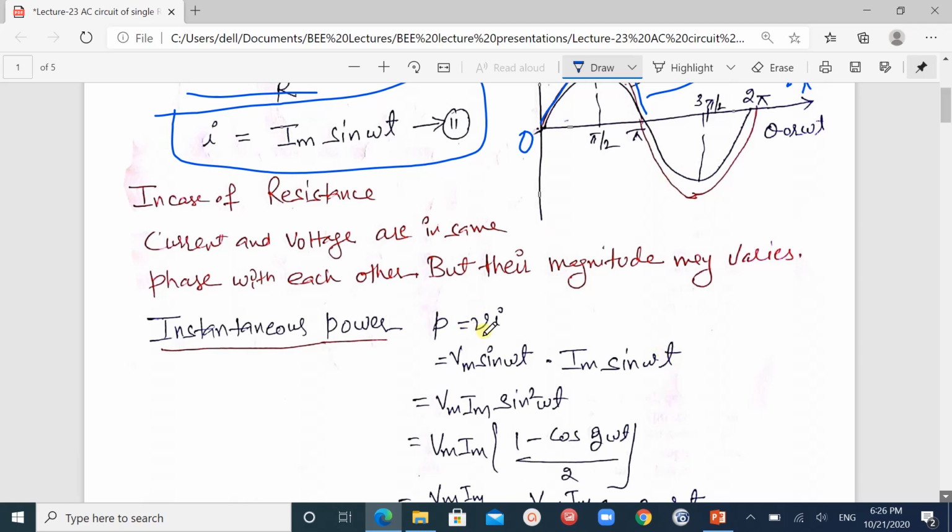We know the value of V and I. We put these values. It will become Vm sin omega t into Im sin omega t. We keep Im and Vm on one side. It will become Im Vm sin square omega t. We solve this sin square omega t.